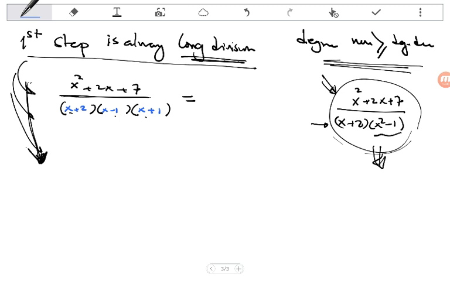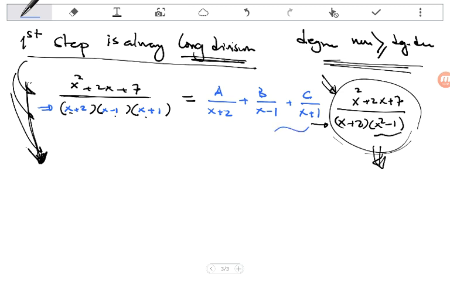The first rule, if I have first degree brackets, any first degree bracket is converted to a fraction which has this form, x plus 2 with a constant above, plus b over x minus 1 plus c over x plus 1.